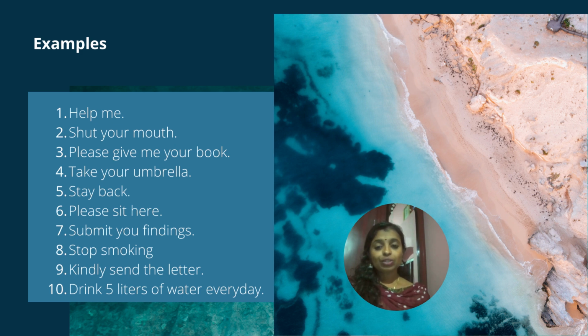It's also an order. "You are ordered to take your umbrella." "Stay back." Okay, it's also an order. "You are ordered to stay back." "Please sit here." And we know what's your answer? Yeah, "you are requested to sit here."